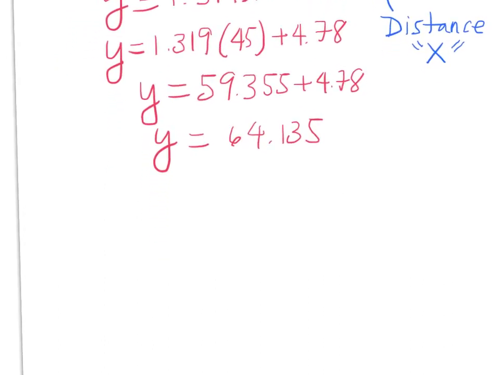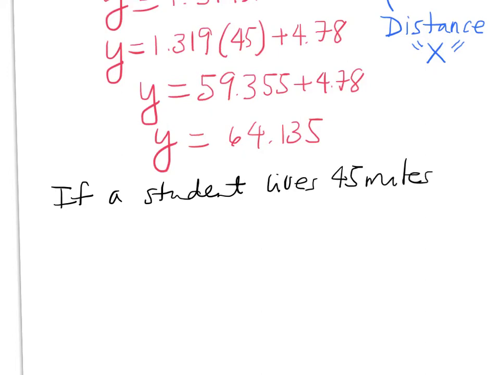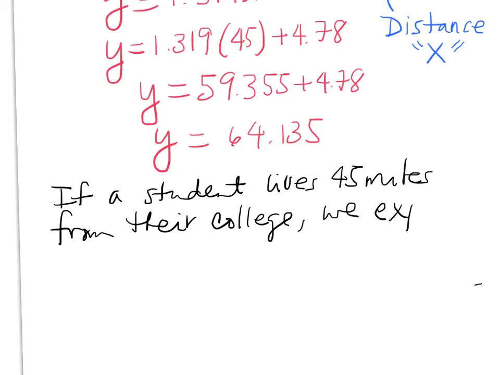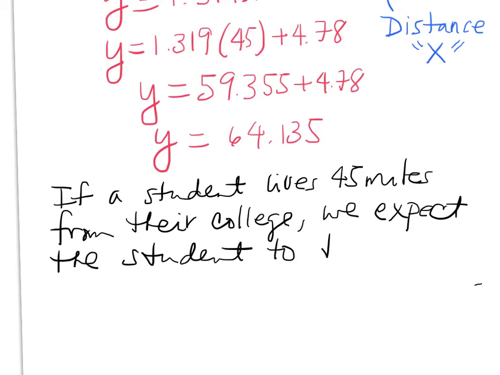So what did we just find? We found that if a student lives 45 miles from their college, we expect the student to take about 64 minutes to arrive at school.